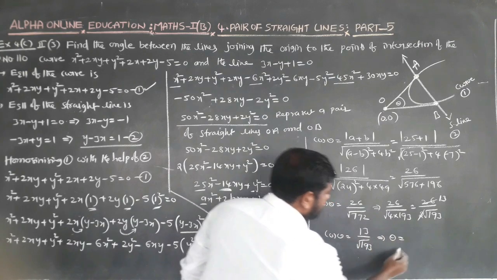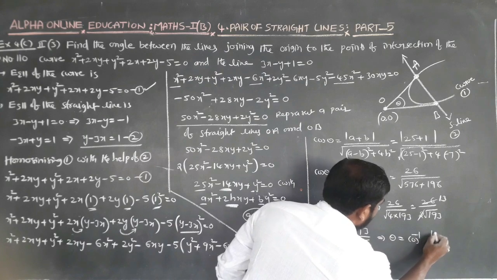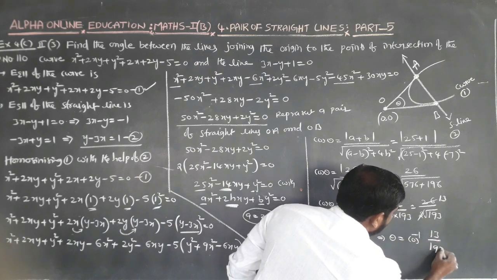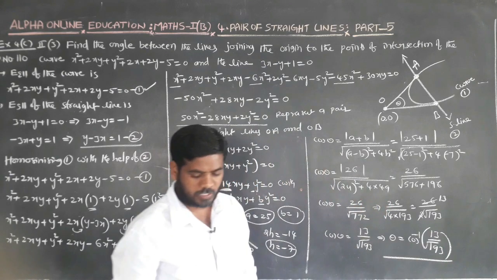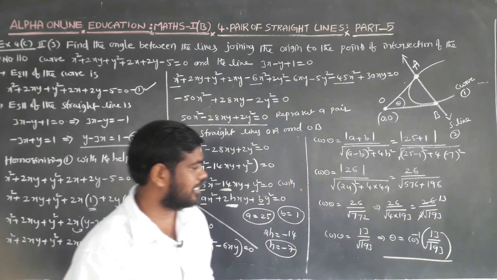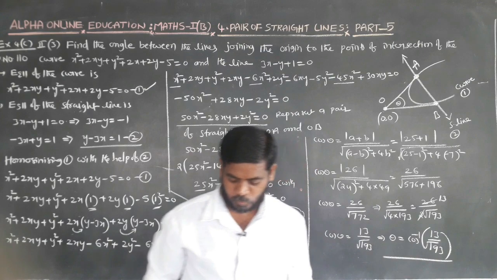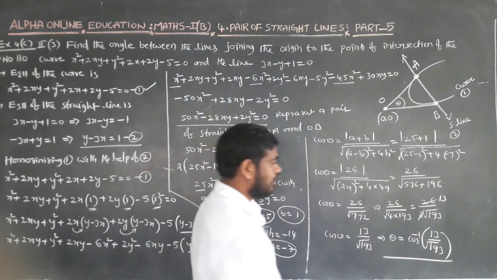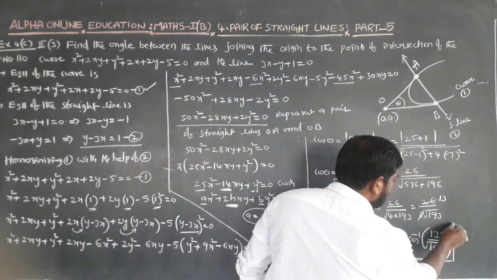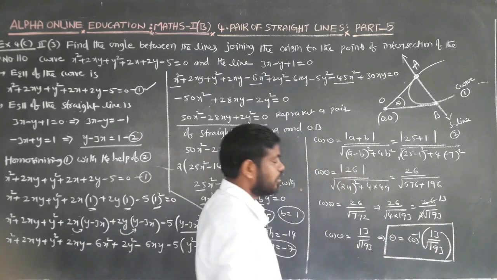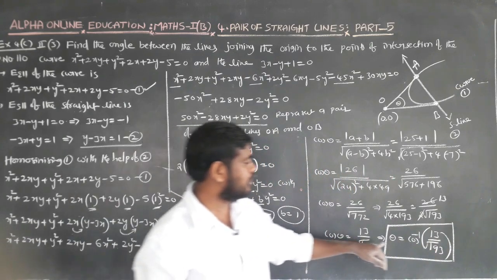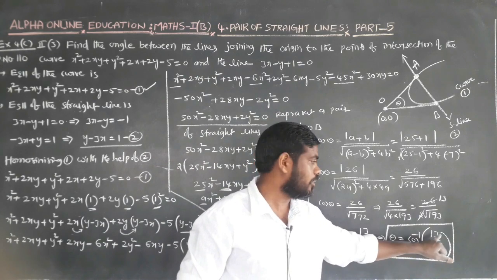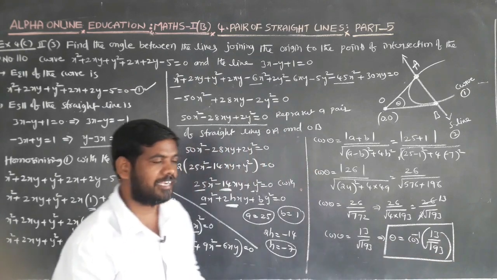So theta is equal to cos inverse of 13 by root 193, which is the angle between the two lines.